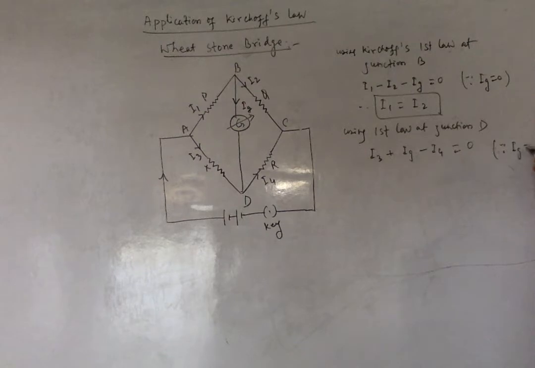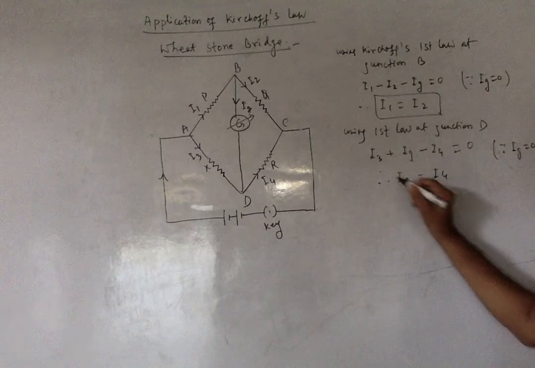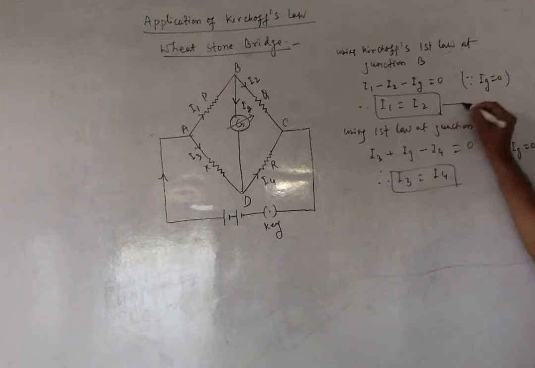Since Ig equals 0, therefore I3 equals I4. These are equations first and second.